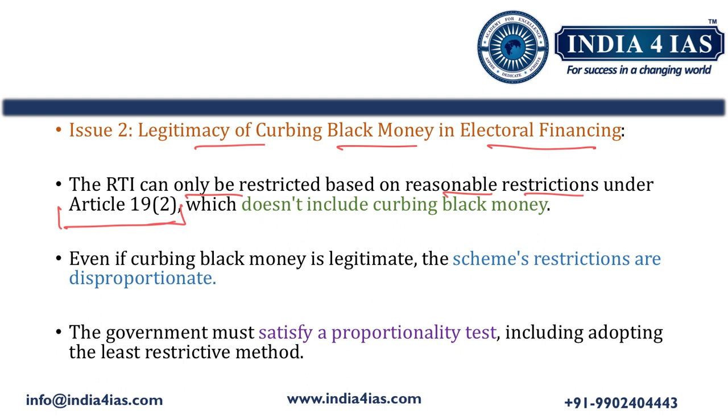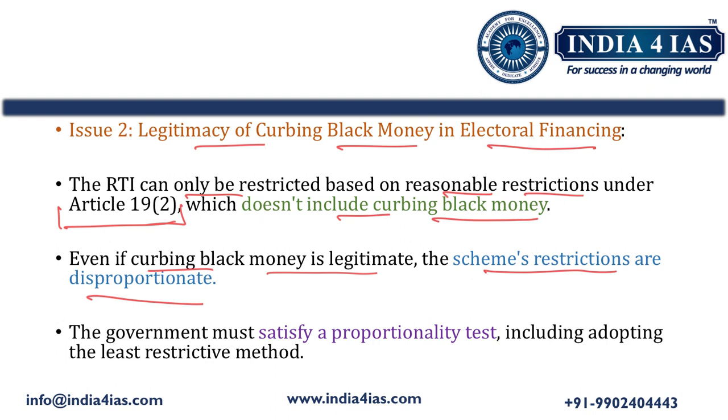And Article 19(2) does not include curbing black money as one of the reasonable restrictions for the right to information. The court further asserted that even though curbing black money is legitimate, the scheme's restrictions are disproportionate with respect to curbing black money and the right to information.